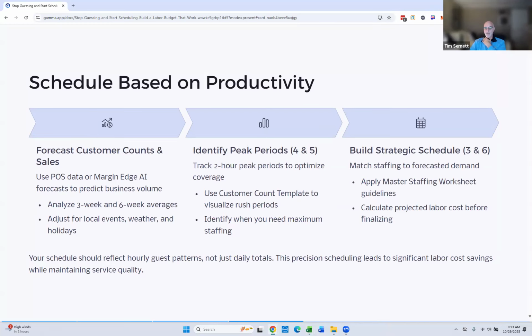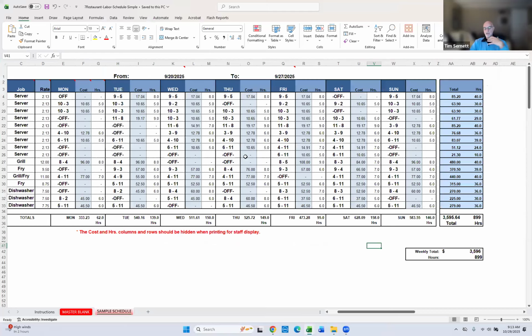Then you can start to build out a schedule based on all this information so that you don't have idle hands in your restaurant, and you're also not getting slammed and being understaffed, and the quality of your service goes way down and you can't keep up with demand during those peak periods. So each job, server, grill, fry, whatever.